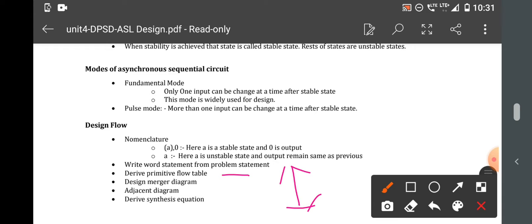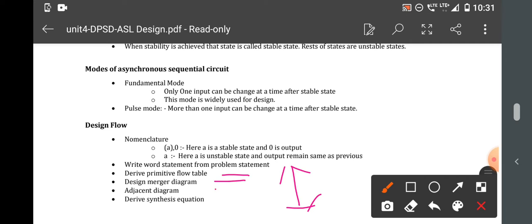Primitive flow tables are nothing but tables which consist of the variables which define a steady state condition. Once the flow table is obtained, we analyze whether there are any redundant steady state conditions occurring. So we go for the merger diagram.